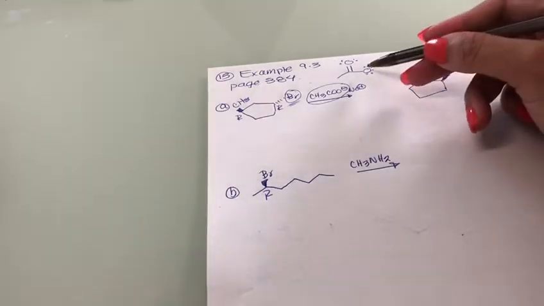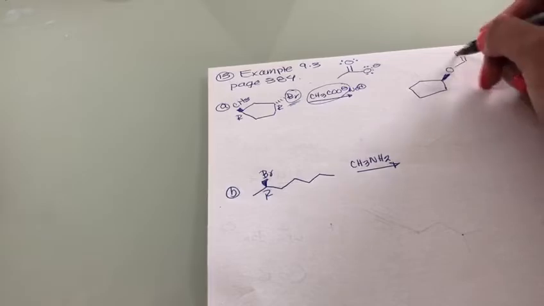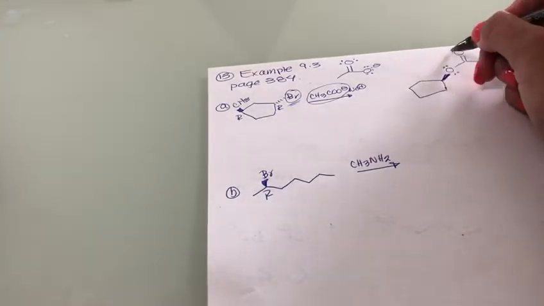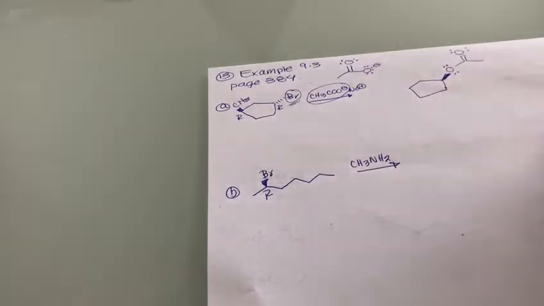This oxygen is this oxygen here. And then that's it. If we want to show the lone pairs, that is what you will have. But keep in mind, when you are doing the line formulas, you do not have to show the lone pairs. But for now, just to show you how many lone pairs you have, I am showing that.